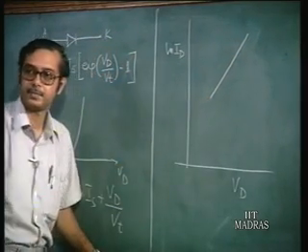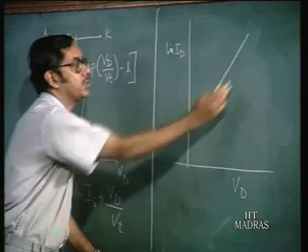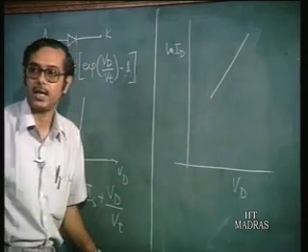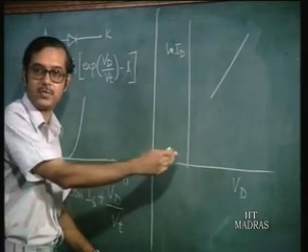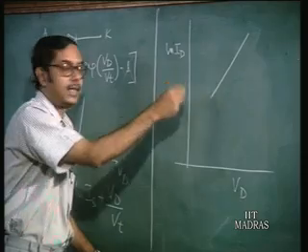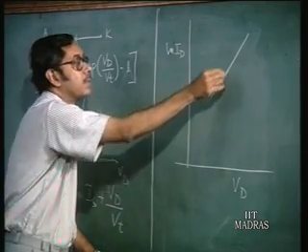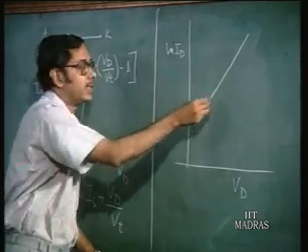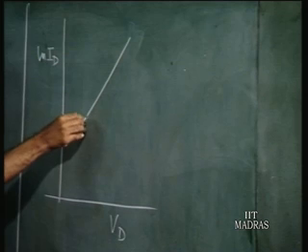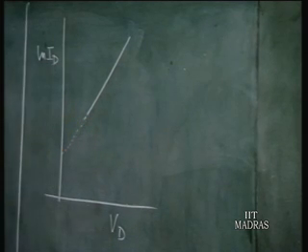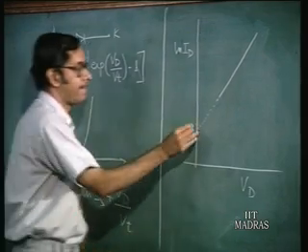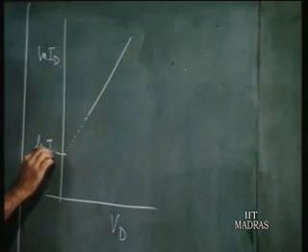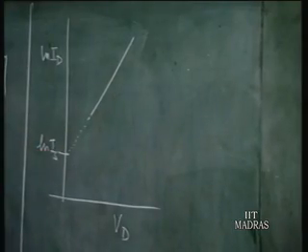As we said, you should do the experiment for sufficiently high values of Vd compared to Vt. And then this line, if you extend it, the value at this point should give you ln of Is.